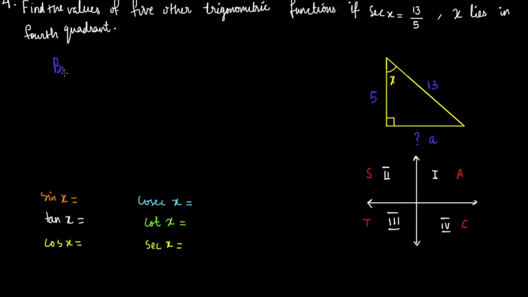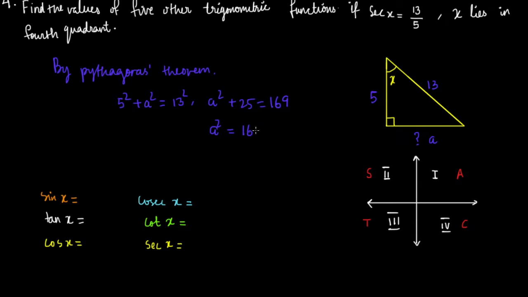So by Pythagoras' theorem, we have 5 squared plus a squared is equal to 13 squared, or a squared plus 25 is equal to 169, or we can write this down, a squared is equal to 169 minus 25, which is 144.